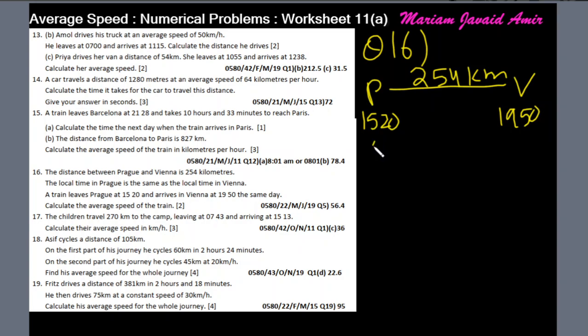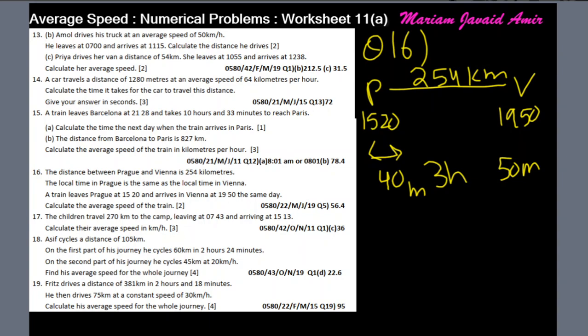So till 1600 we'll have 40 minutes. Then from 16 to 19, 17, 18, 19 we'll have 3 hours, and then another 50 minutes. Let me recheck. From 1520 to 1600 we have 40 minutes, and then from 1600 to 1900 we have 3 hours, and then another 50 minutes.